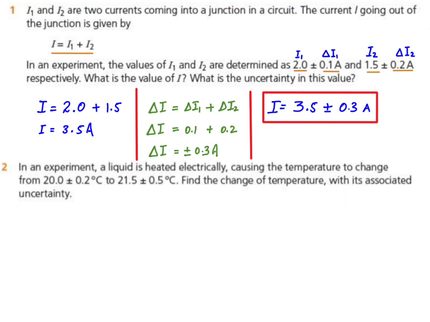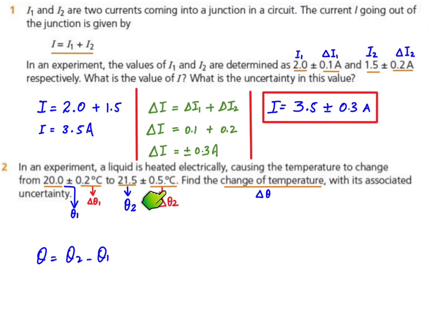Theta 1, the first temperature, is 20.0, and theta 2, the second temperature, is 21.5. You need to find delta theta, the change in temperature. The uncertainty in theta 1 is delta theta 1, which is 0.2 degrees. The uncertainty in theta 2 is delta theta 2, which is 0.5 degrees Celsius.